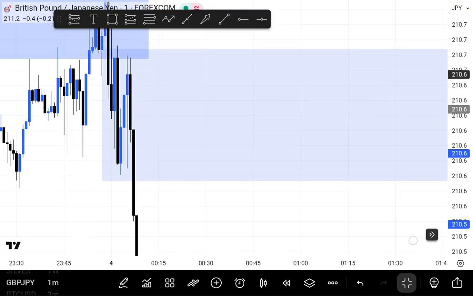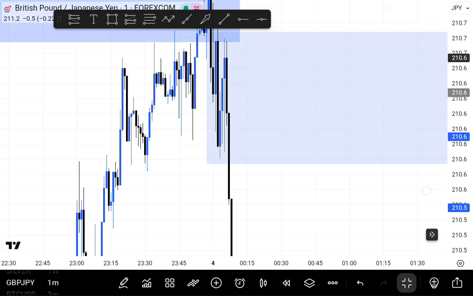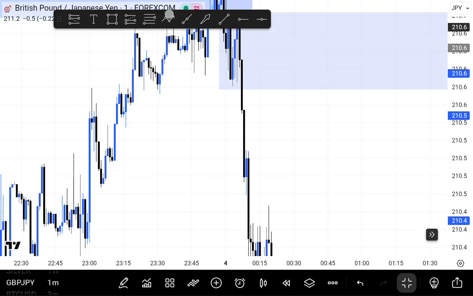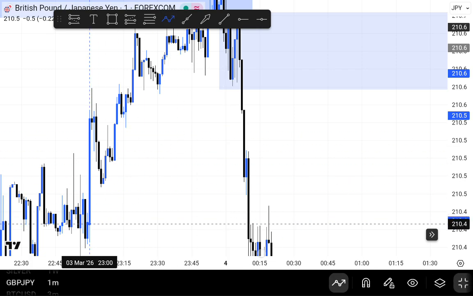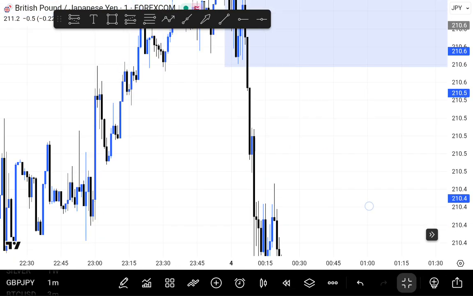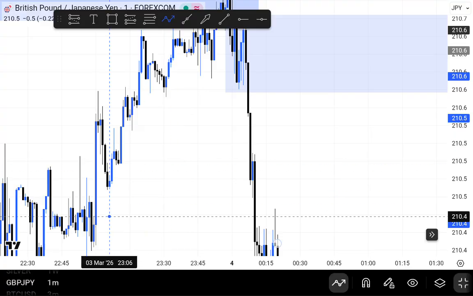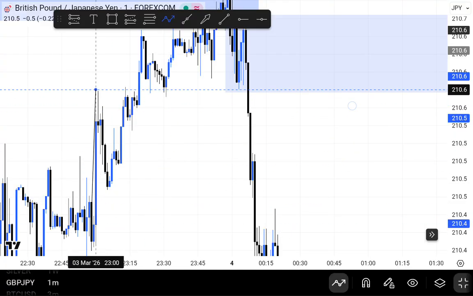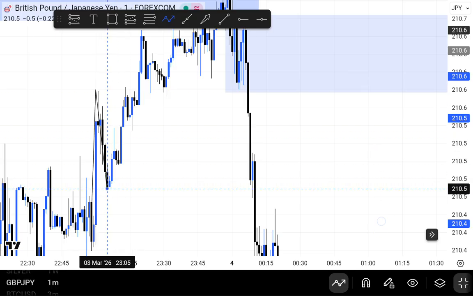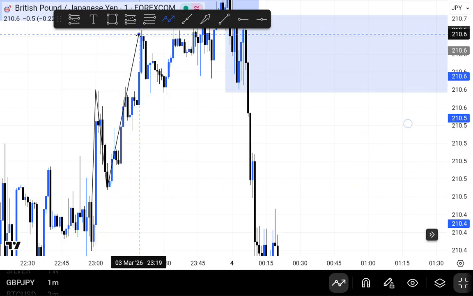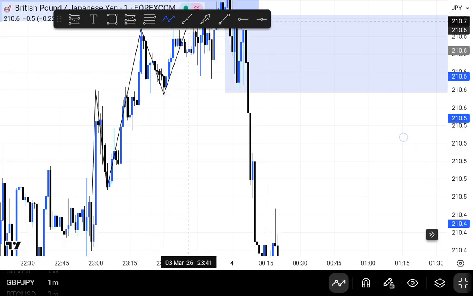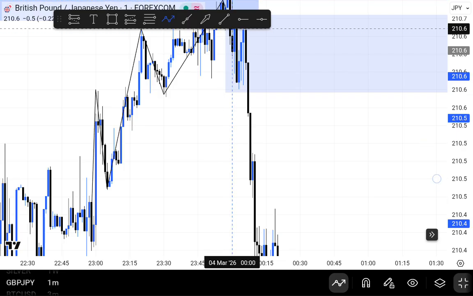This was what the market did. The market was making higher highs, higher lows, higher highs, higher lows. Make sure it's drop stable body, higher high, higher low.